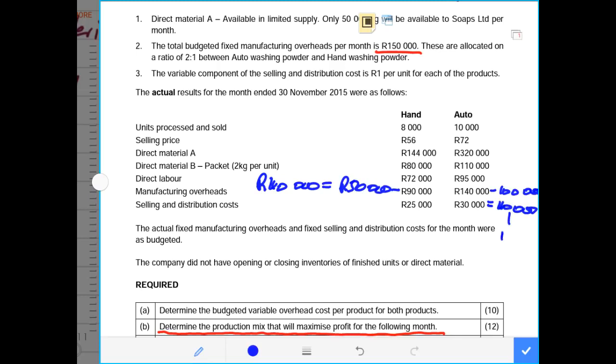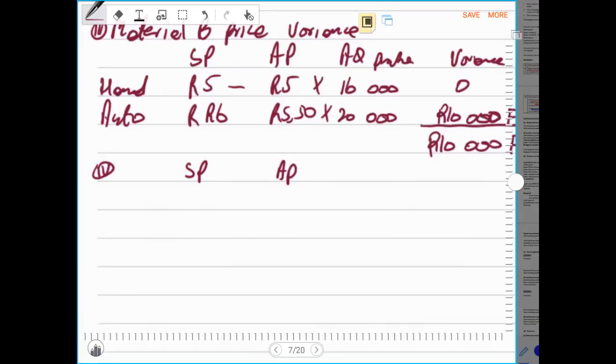This is the variable portion. This is the fixed portion. So now that I know that my actual variable costs were 40,000 and 40,000 respectively, I can just use the totals, because the per unit will consume a bit more time to convert.